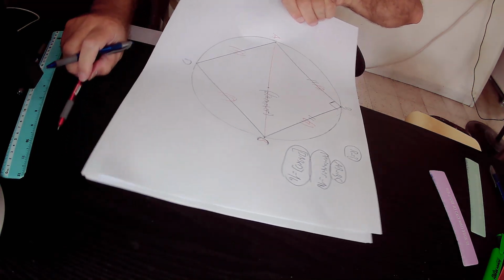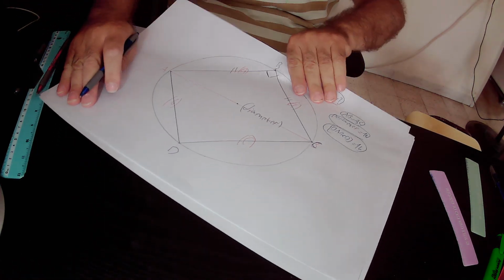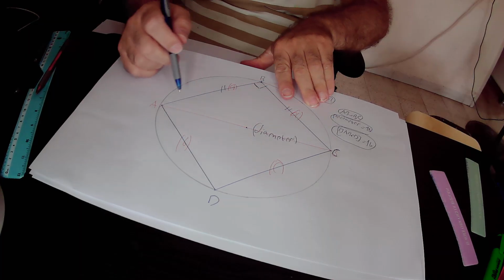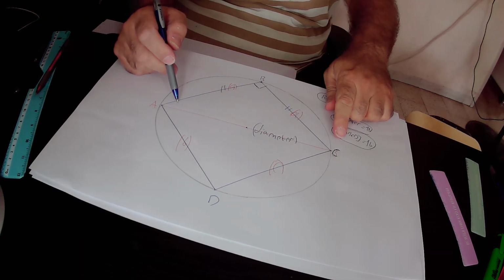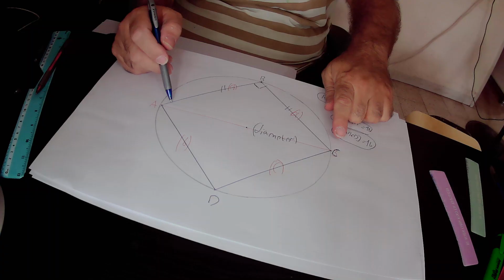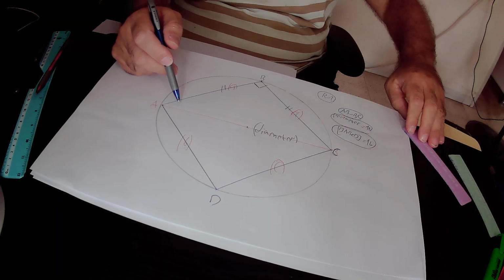Likewise, this is peripheral angle ADC that also subtends on chord AC, that is the diameter of the circle, and therefore must be equal to 90 degrees according to the same rule.